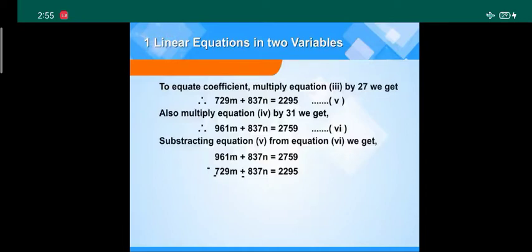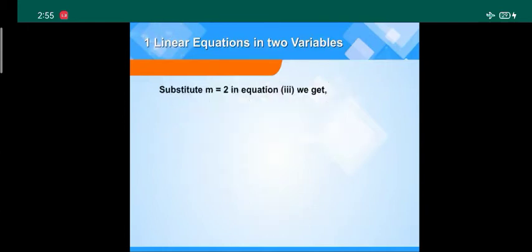837n minus 837n will get cancelled. Therefore, 232m is equal to 464. Therefore, m is equal to 464 divided by 232. It gives m is equal to 2. Substitute m is equal to 2 in equation number 3.